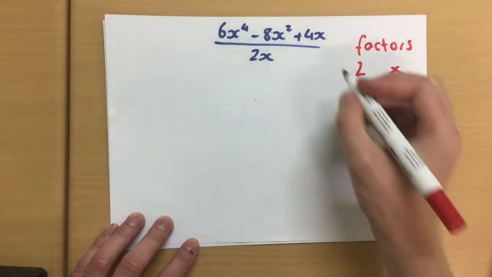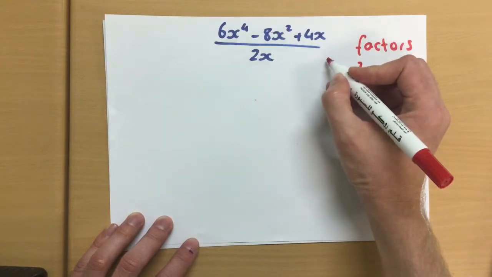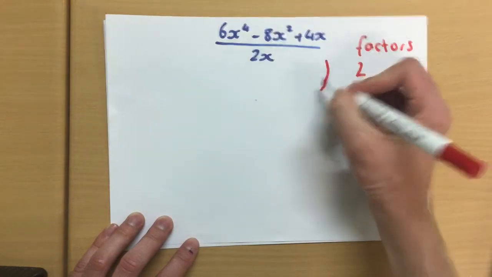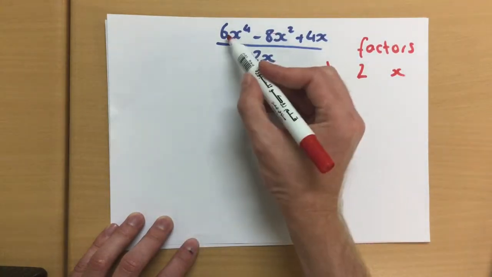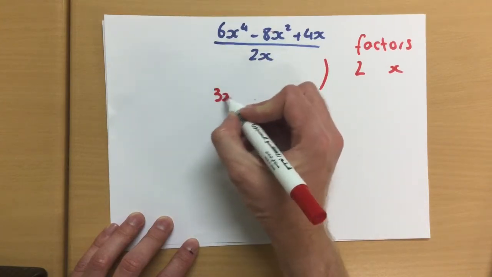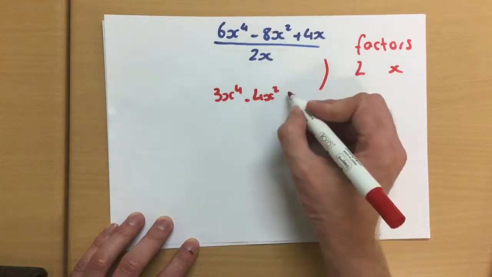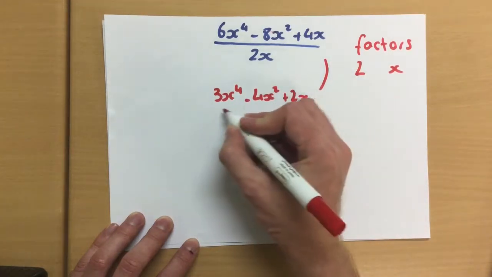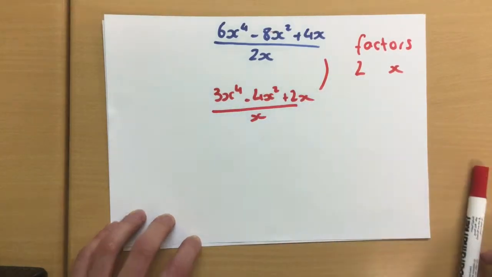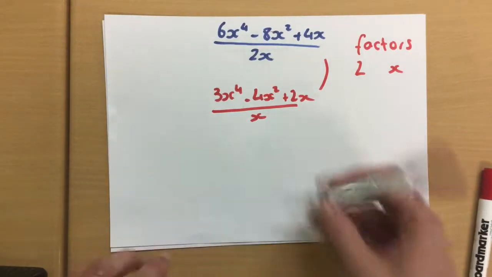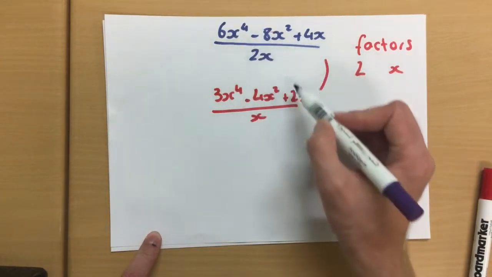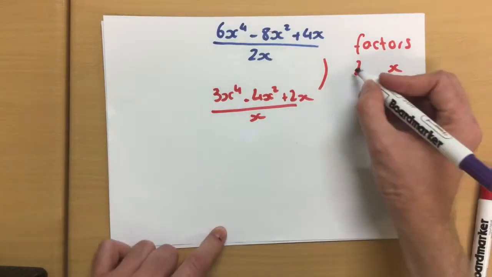We'll do this step by step. So first, we can cancel the 2s out and divide everything by 2, which will give us 3x to the power of 4 minus 4x squared plus 2x all over x, because every single term has been divided by 2.